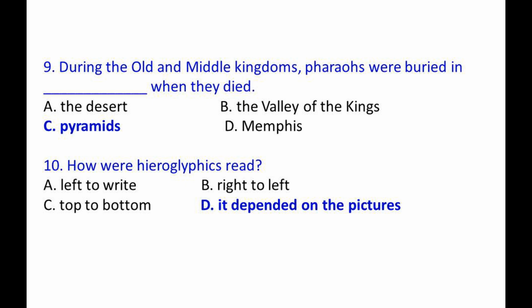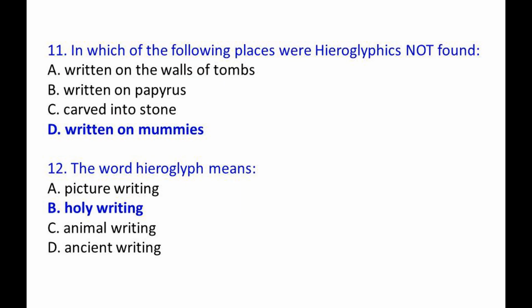10. How were hieroglyphics read? A. Left to right. B. Right to left. C. Top to bottom. D. It depended on the pictures. Correct answer is D. It depended on the pictures. 11.